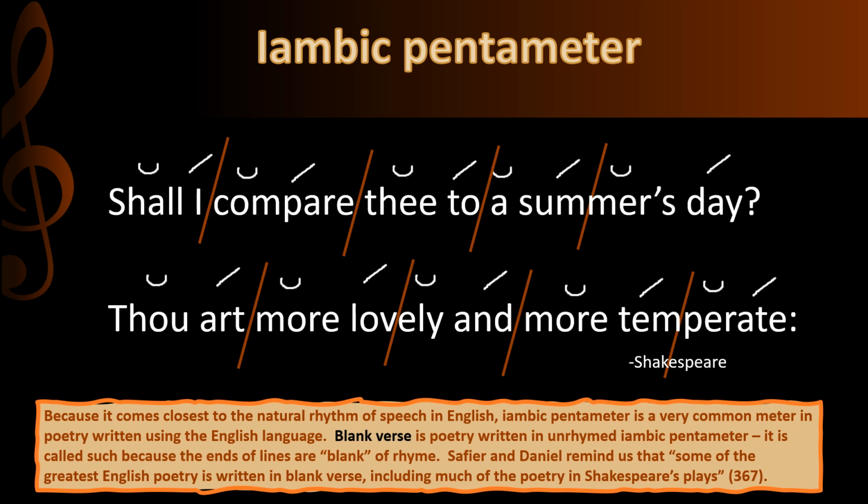They don't have any rhyme, but we still have a regular meter. A lot of Shakespeare's poetry and plays are written in iambic pentameter, and that's what Sapphira and Daniel remind us: some of the greatest English poetry is written in blank verse, including much of the poetry in Shakespeare's plays.